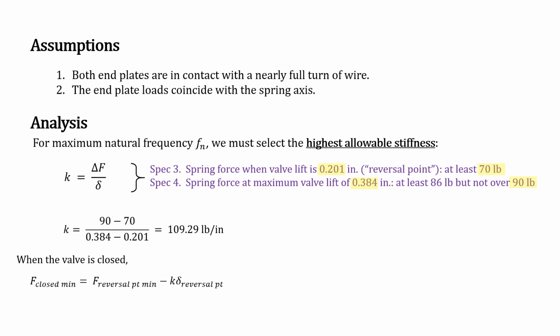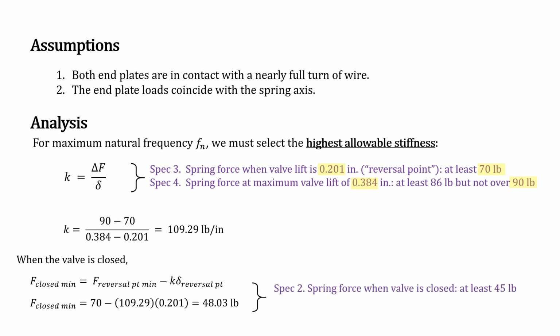So here we have 70 minus 109.29 times 0.201, which is that displacement at reversal. And you end up with a force when the valve is closed of 48.03 pounds. Specification 2 is that the spring force when the valve is closed has to be at least 45 pounds. And our values work out here: 48 is larger than 45, so we're all good to go.